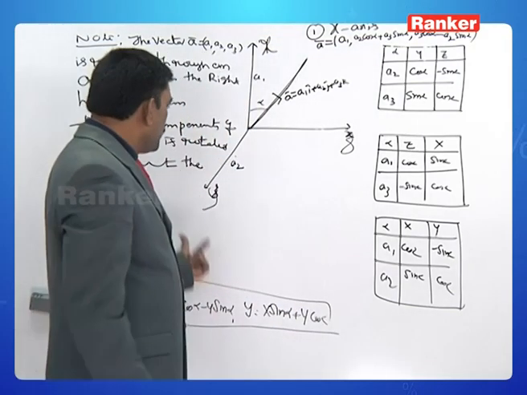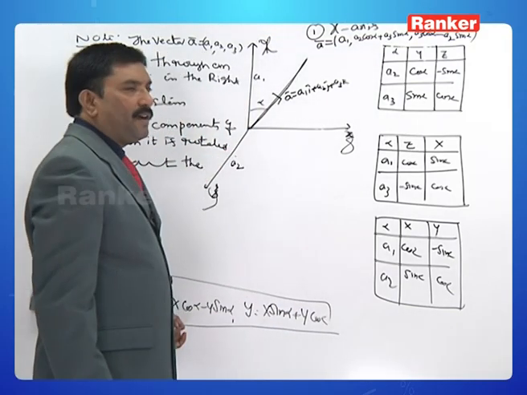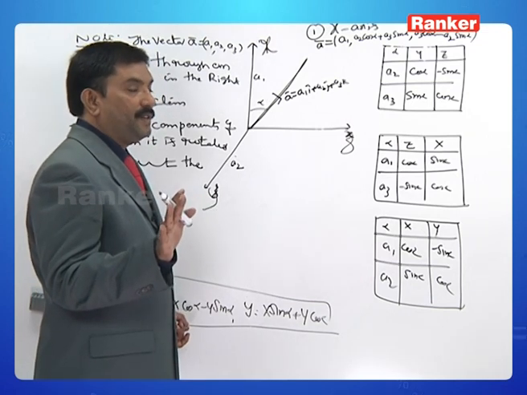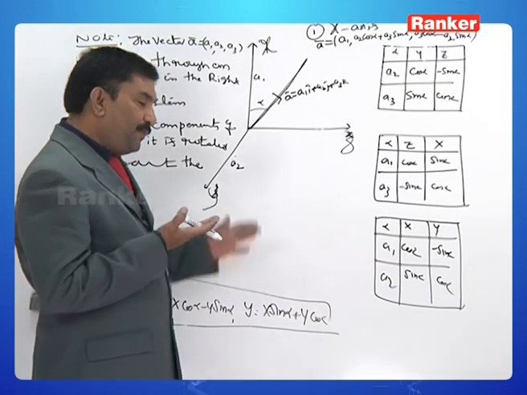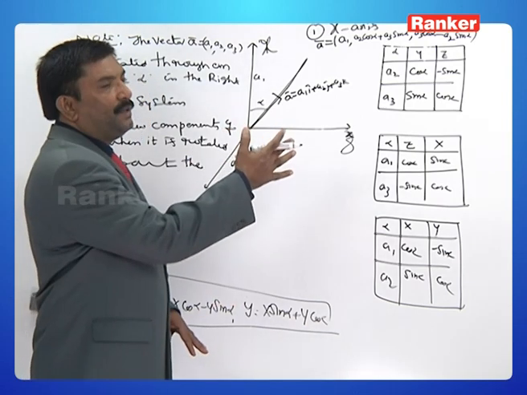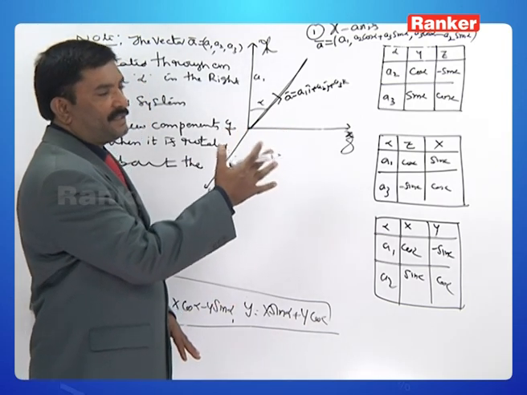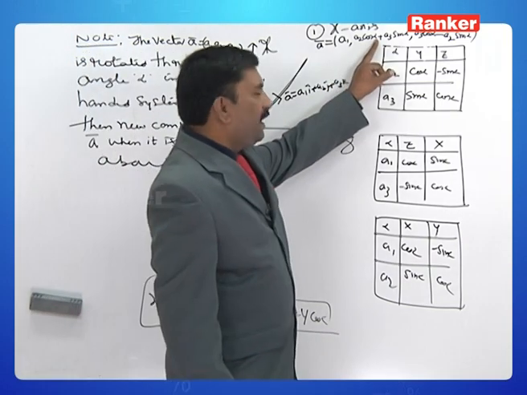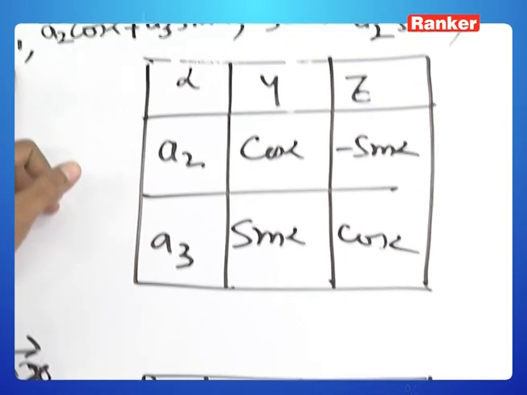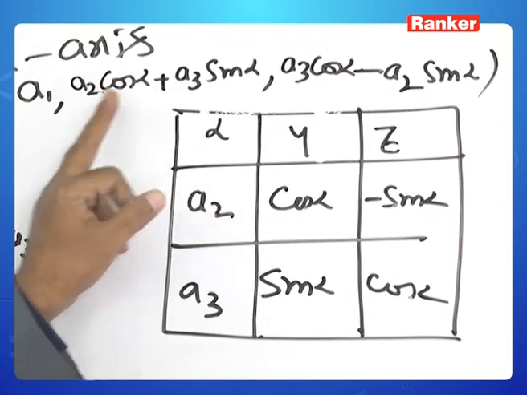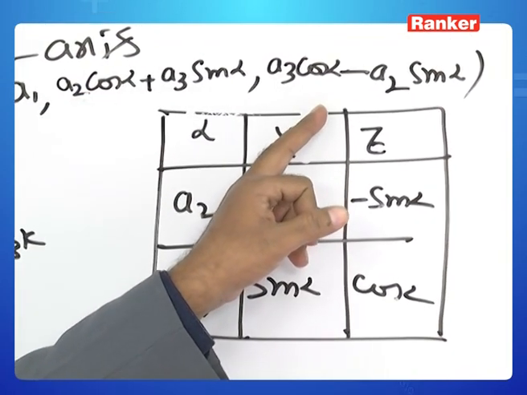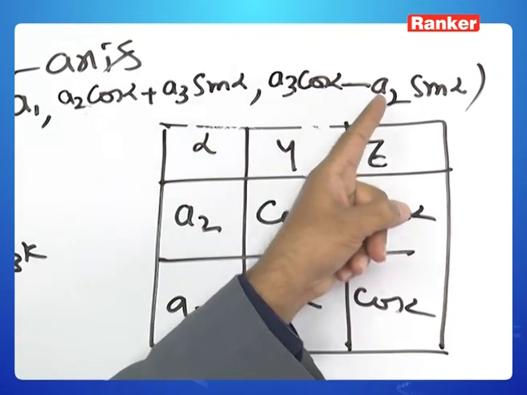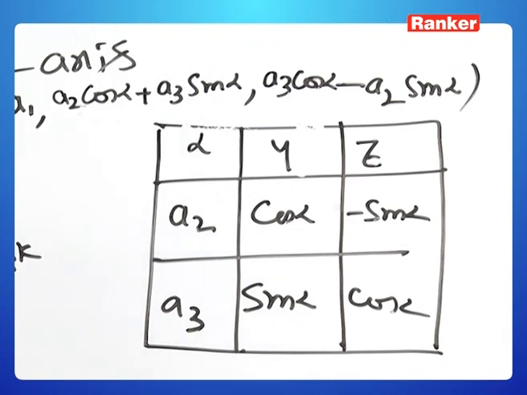Therefore, z becomes the x coordinate when compared with ordinary rotation of axis in geometry. Before y coming, z comes and falls on the old x-axis. The x component won't change, y stays the same. Only the z coordinate changes, and it becomes a3 cos alpha minus a2 sin alpha.